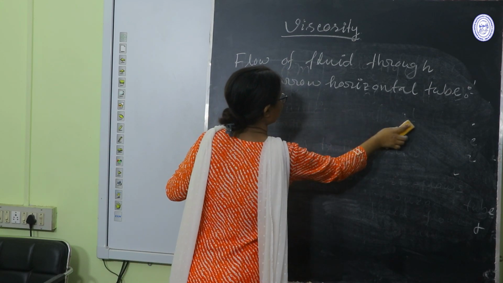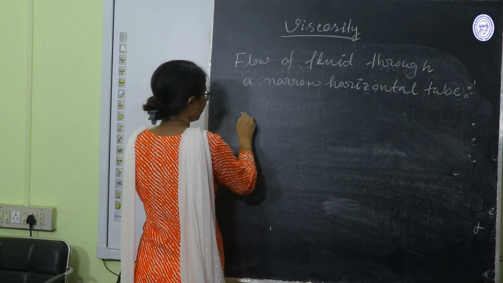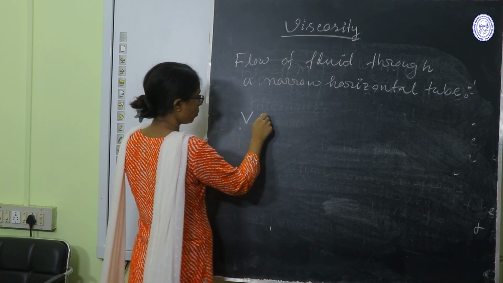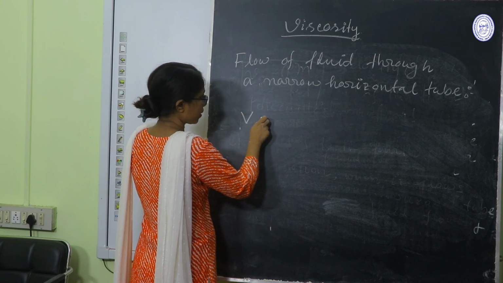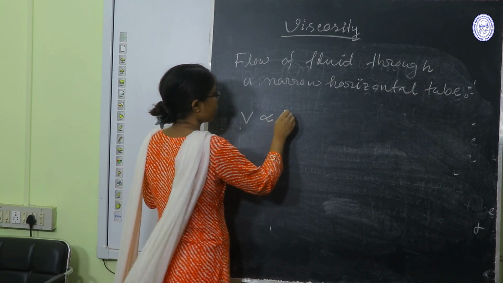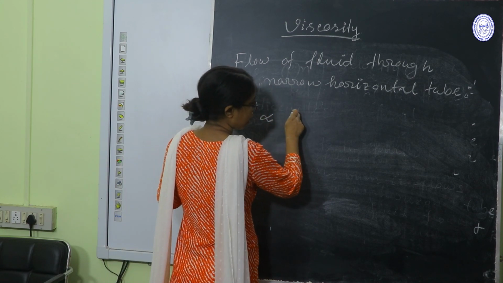So, if V is the volume of the liquid flowing out per second, it is proportional to the fourth power of the radius of the tube.